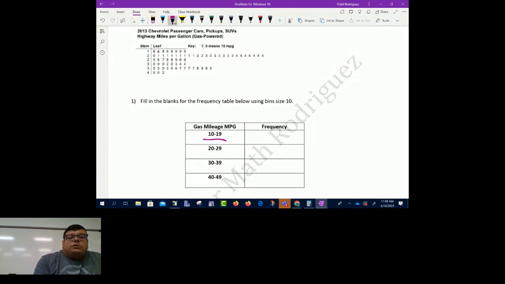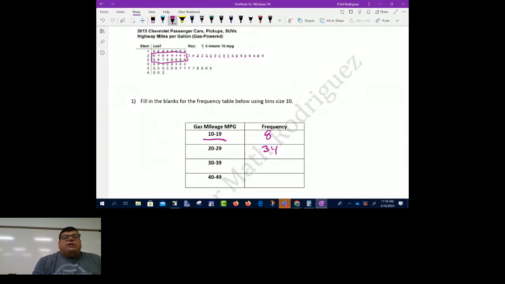Look, y'all, 1, 2, 3, 4, 5, 6, 7, 8. How many are getting in the 20s? 1, 2, 3, 4, 5, 6, 7, 8. So look, y'all, that would be 16, 17, 18, 19, 20, 21, 22, 23, 24, 25, 26, 27, 28, 29, 30, 31, 32, 33, 34.